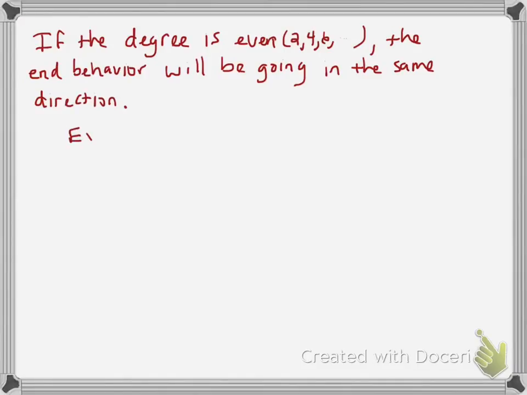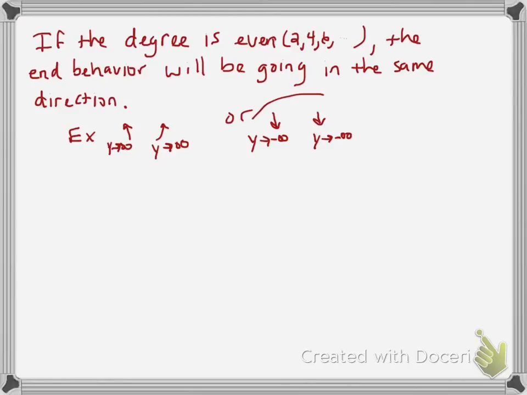So, examples. They're either going up to infinity. So on the left side, we're going to infinity, and on the right side, we're going to infinity. Or we're going down. So y goes to negative infinity, and y goes to negative infinity. So remember, that's on the left side of your graph and on the right side. So the domain, as my x value goes to negative infinity, or my x value goes to positive infinity, doesn't matter, my y's are going up, or my y's are going to be going down.